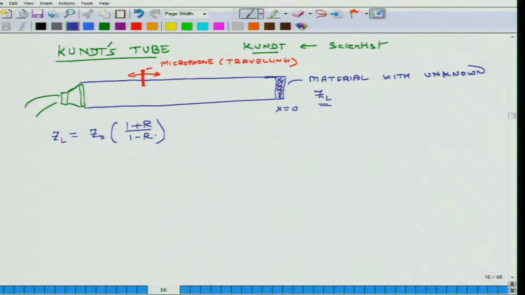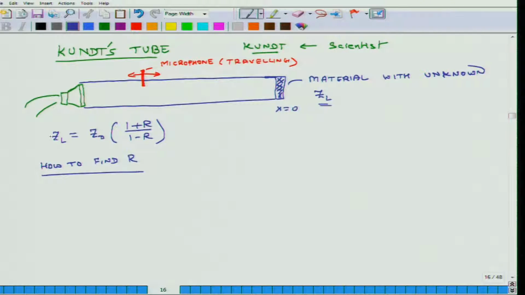This is something we had learnt in the last class. So if I can calculate R, then I can calculate ZL. Now we try to figure out how to measure R. This is the question.